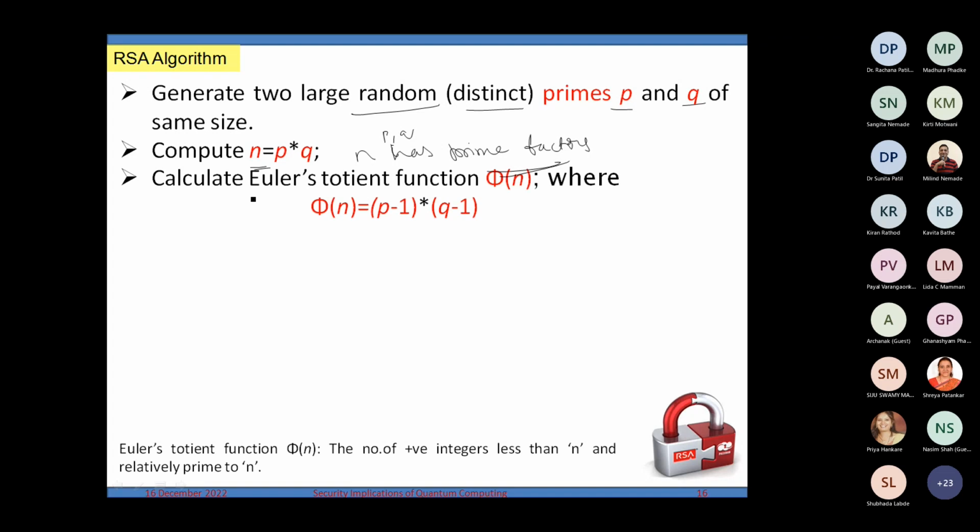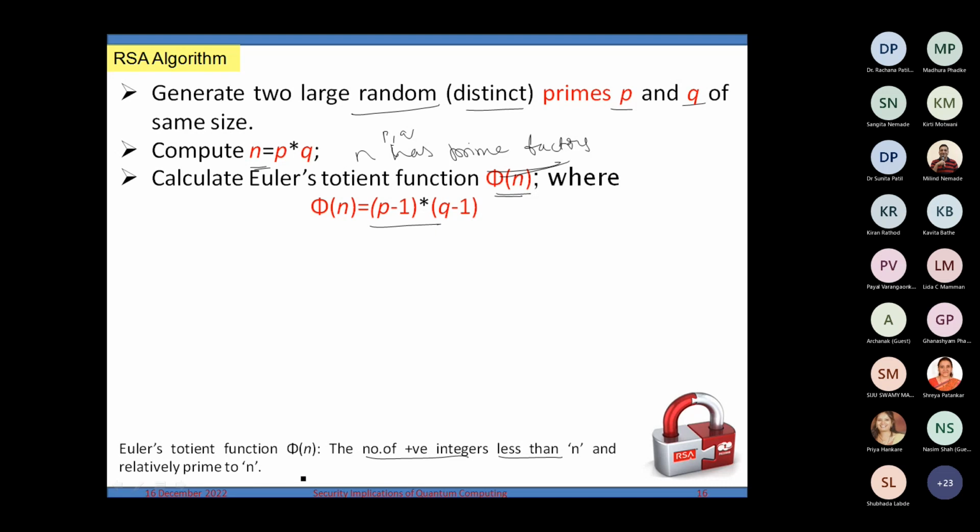Then we are going to calculate Euler's totient value over that particular n. Euler's totient value is represented as psi of n. In general, psi of n is calculated as p minus 1 into q minus 1. What is Euler's totient value? It is the number of positive integers that are less than n and also relatively prime to n.